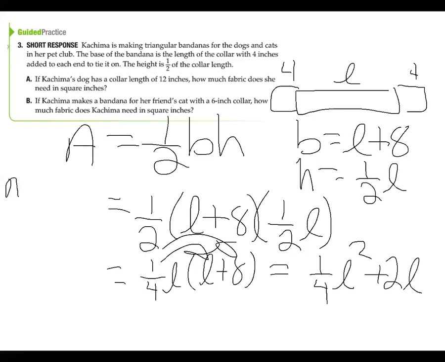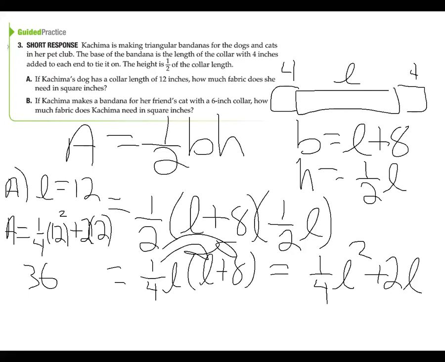For part A, if L equals 12, then the area would be 1/4 times 12 squared plus 2 times 12. 12 squared is 144, so 1/4 of 144 is 36, plus 24 equals 60 square inches.